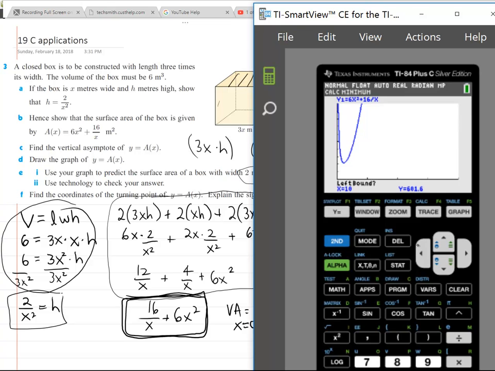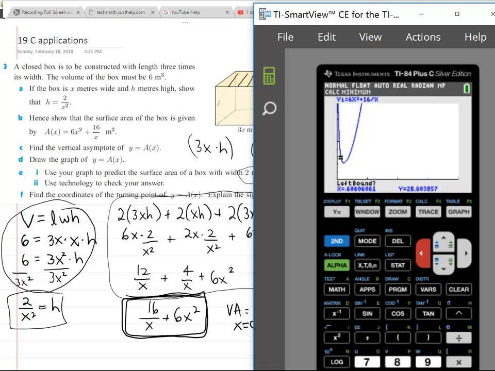So we've got to put our cursor to the left. I don't even know where my cursor is right now. It should be coming down from the top any minute now. There it is. I could tell it was coming down because I was looking at this X value decrease.